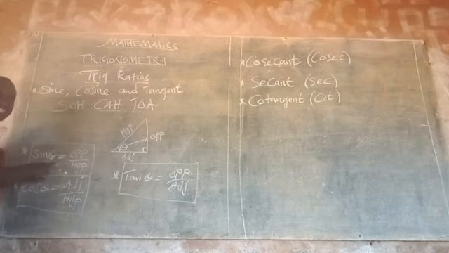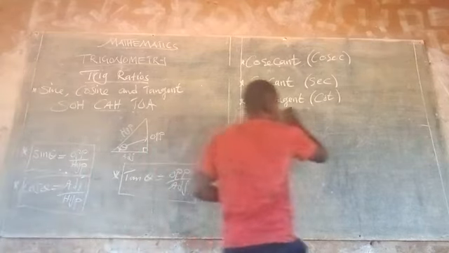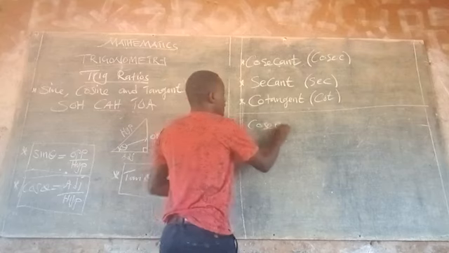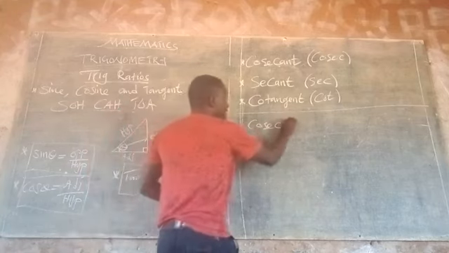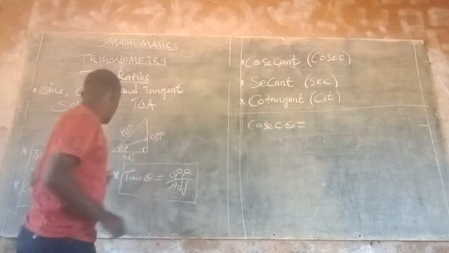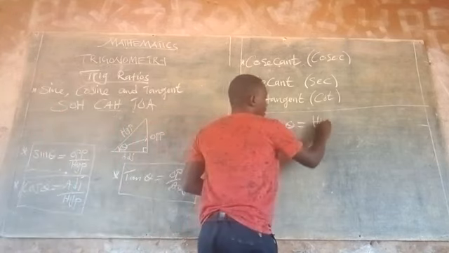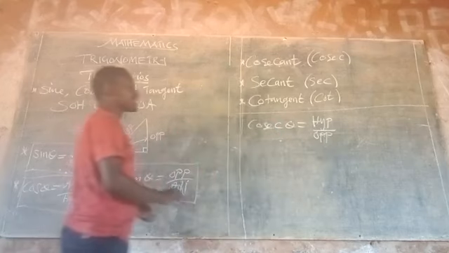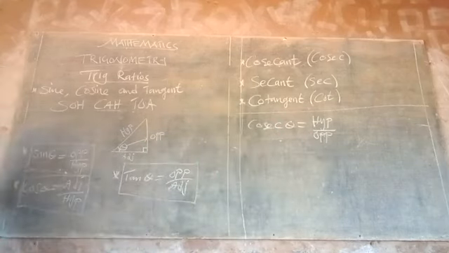If sine is equal to opposite over hypotenuse, then cosec theta is going to be hypotenuse over opposite.